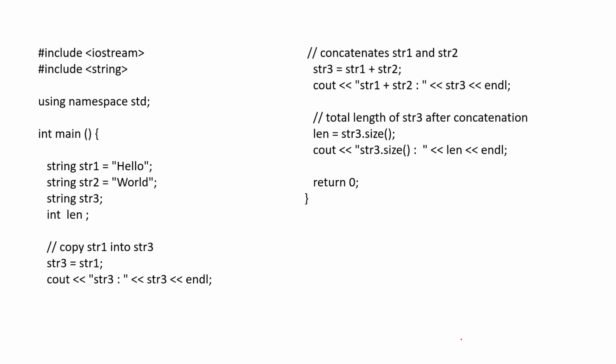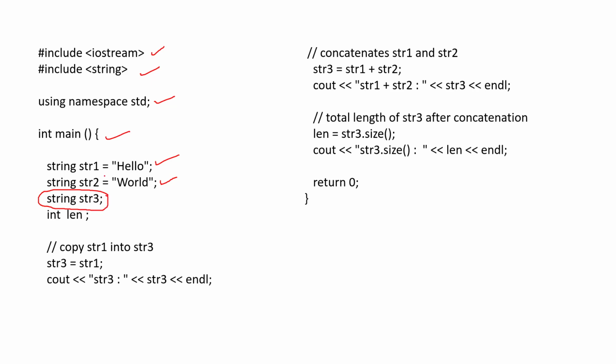Okay. Similarly, the example we have: hash include input output, hash include string, using namespace std, integer main, string str1 is hello, string str2 is world, string str3 we have not defined anything.